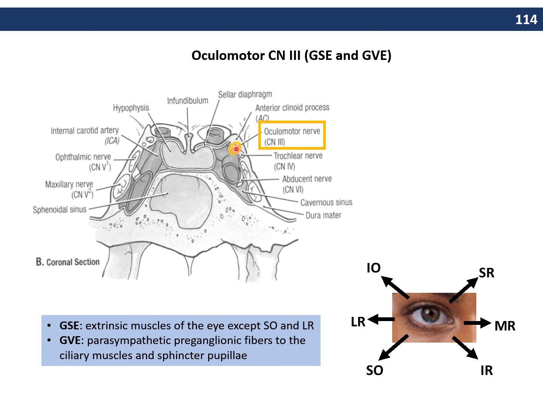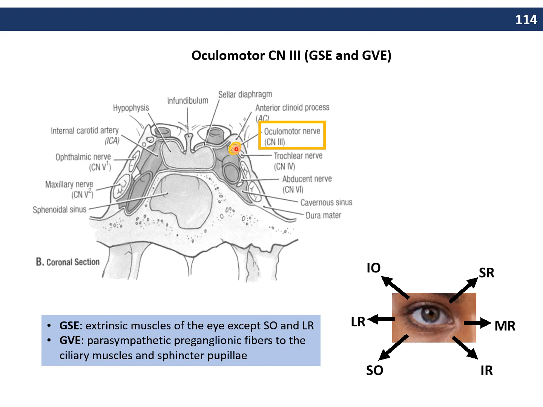Those GVE fibers are going to the ciliary ganglia, which we will see hanging off of that first division of the trigeminal nerve, those ophthalmic branches of the ophthalmic nerve.